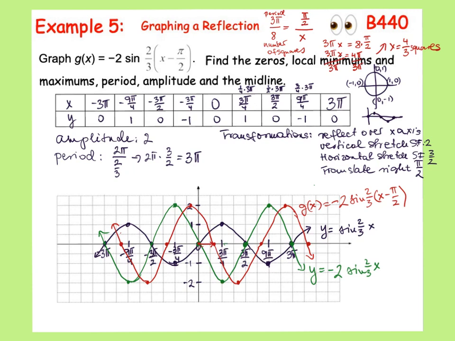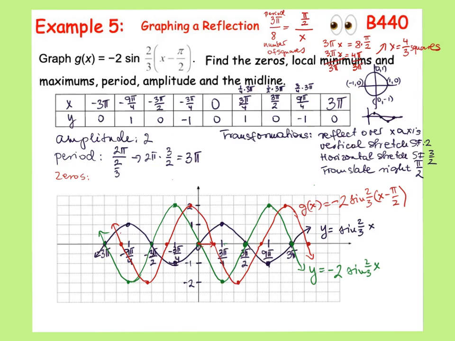So let's go ahead and find our zeros first. So here I'm going to write zeros. Our first zero appears to be right here. So that means -3 pi plus pi over 2. So that's going to be -6 pi over 2 plus pi over 2.